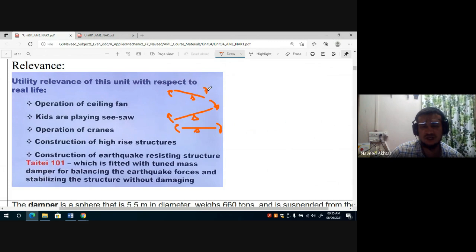Where the force is large, it will go down. Otherwise, if both the forces or both the moments are balanced at a distance, that is called the equilibrium of force. So in this condition, you can say the force is in equilibrium.